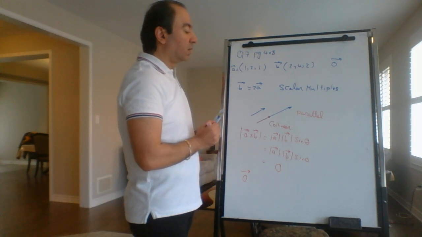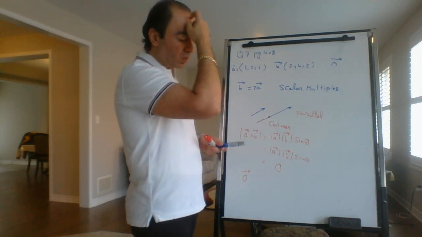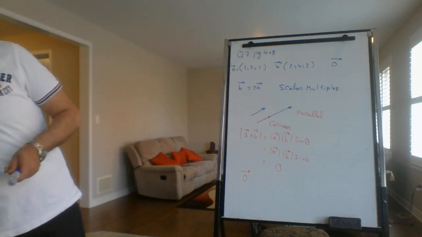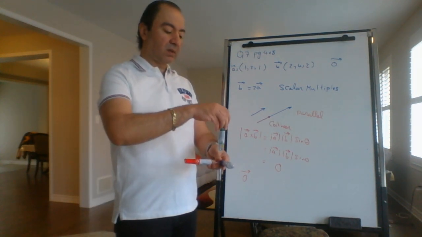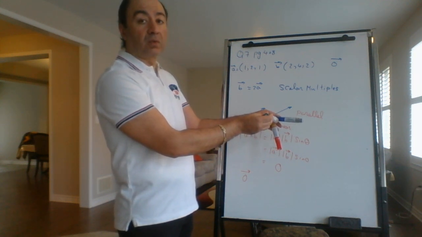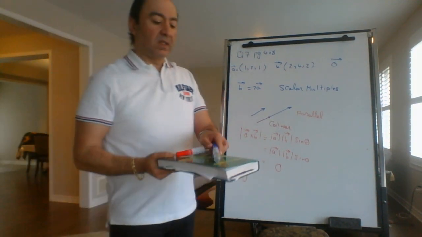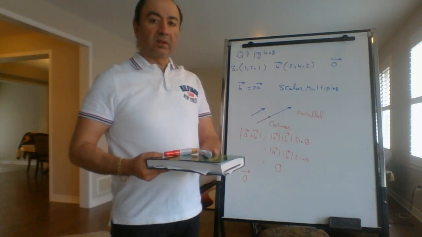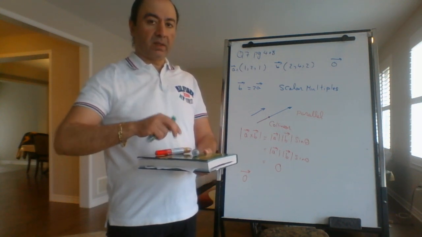Also, if you think about it this way, what do we get when we do cross product? We get a vector that makes 90 degrees with both vectors, right? Yesterday I explained that the result of the cross product is a vector that is perpendicular or normal to the two vectors. Or I can say, if we put these two vectors in a plane like this, the result will be perpendicular to the plane that contains these two vectors, right?